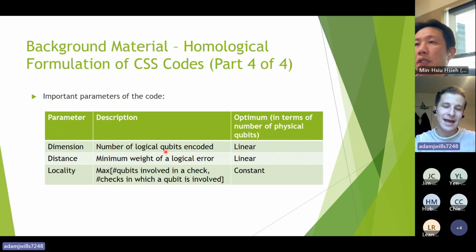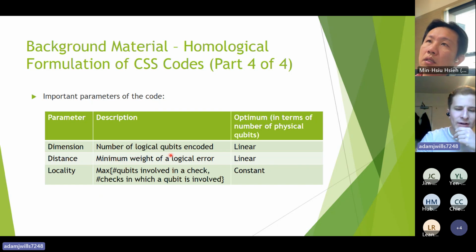The distance is then the minimum weight of a logical error. A logical error is a Pauli error that commutes with all the stabilizers, but isn't itself a stabilizer. So it does move you to some other part of the code space, and it cannot be detected because it commutes with all the stabilizers.